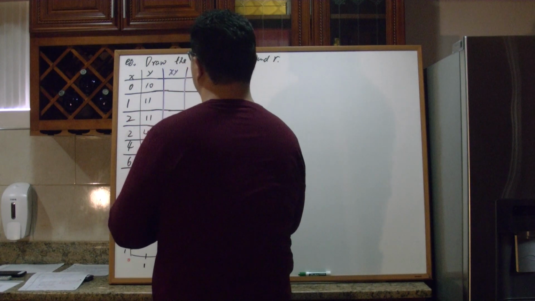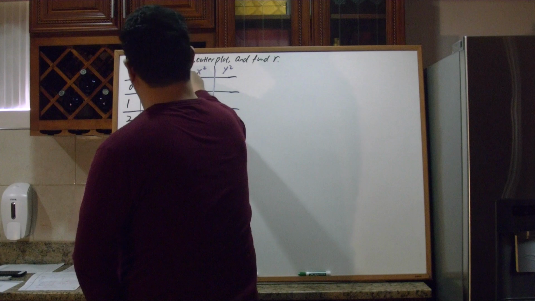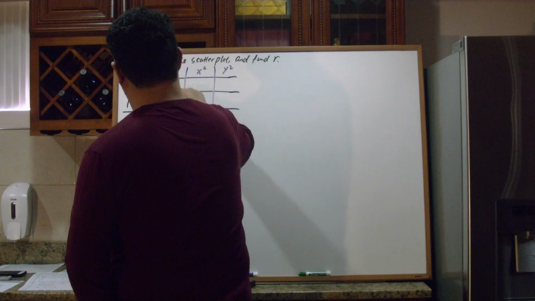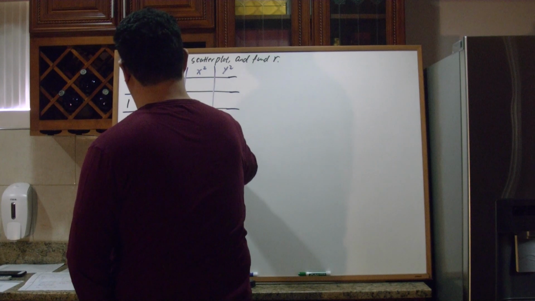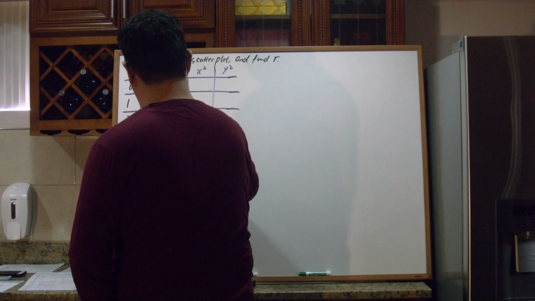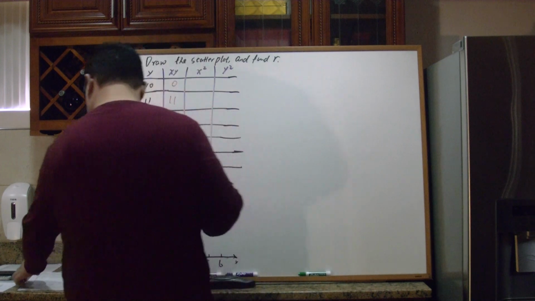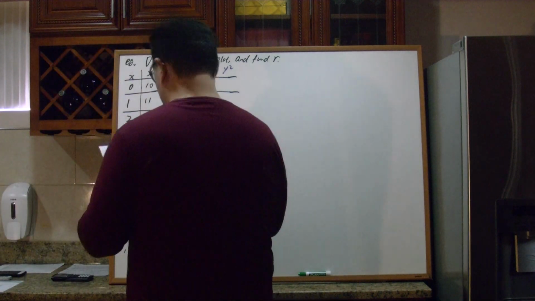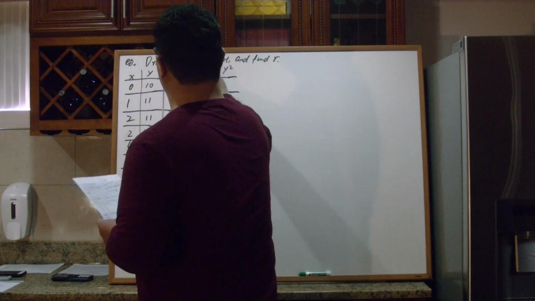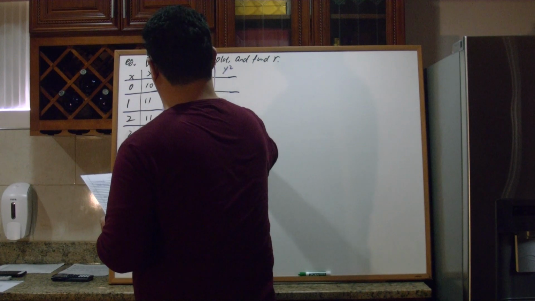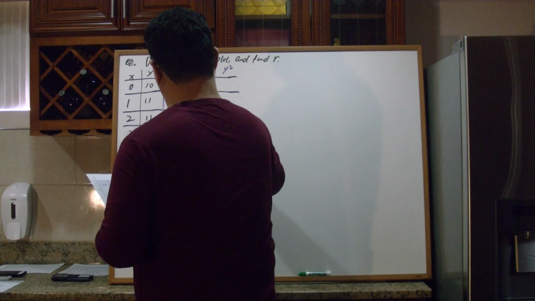Fill in the blanks of what we need. x times y is 0, 11, 22, 28, and 30. The square of x: we just need to take the square of whatever we have, 16 and 36.